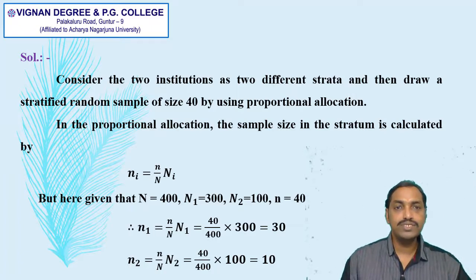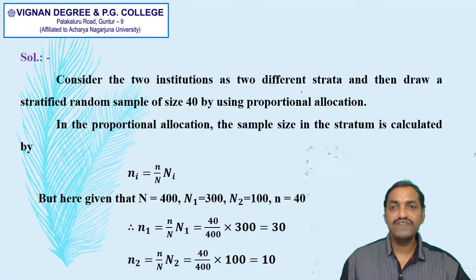Now consider the two institutions as two different strata and then draw a stratified random sample of size 40 by using proportional allocation. So in the proportional allocation, the sample size in the stratum is calculated by small ni is equal to small n divided by capital N into capital Ni.